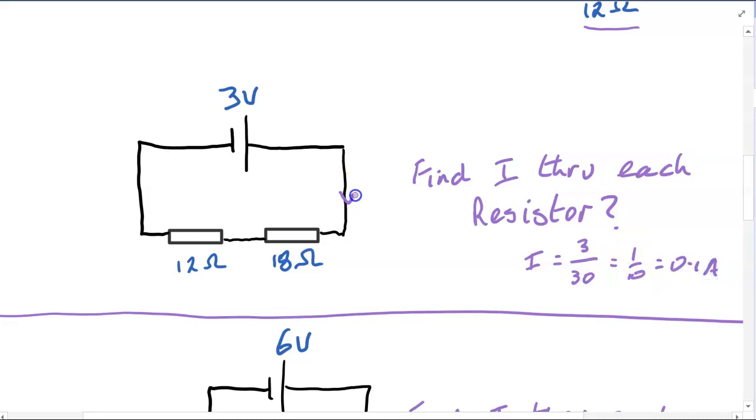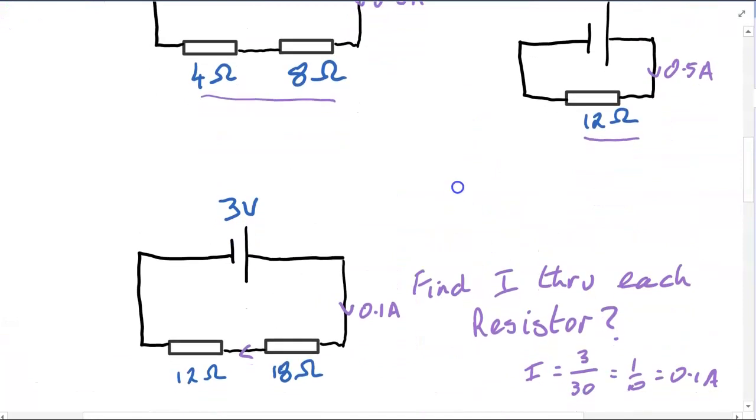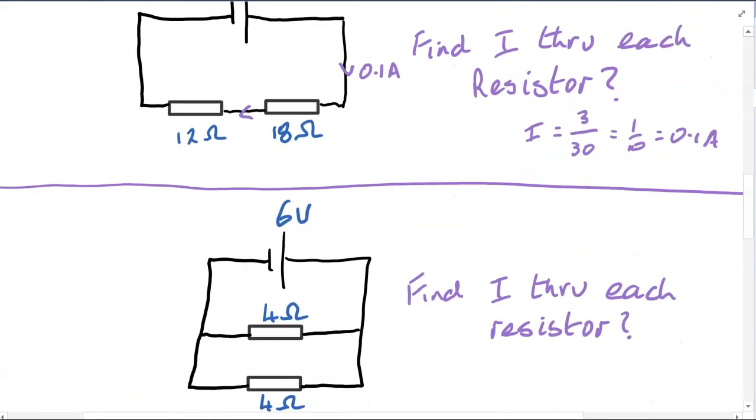So I have 0.1 amps flowing through here, through this resistor, and back up to the other side. So my current through the 18 ohm resistor is 0.1 amps, and through the 12 ohm resistor, 0.1 amps. Okay, so that's resistors or components in series.